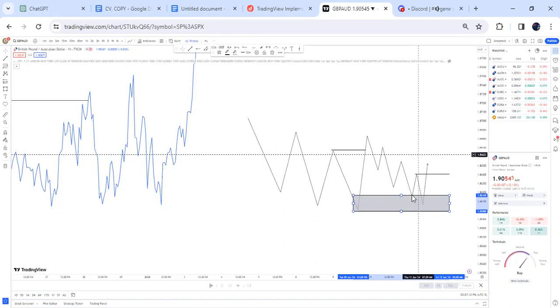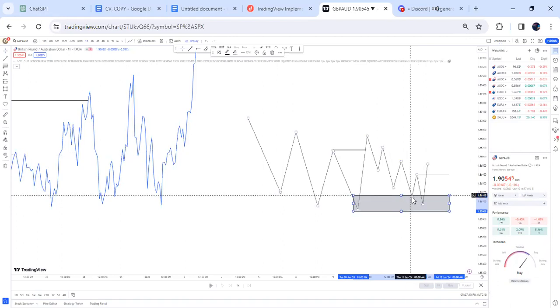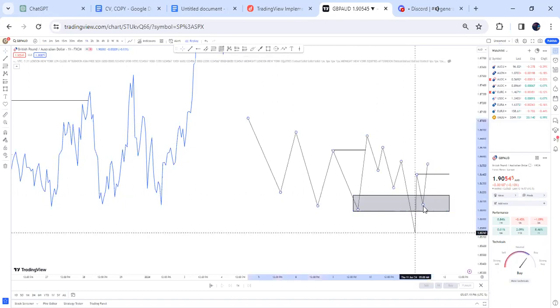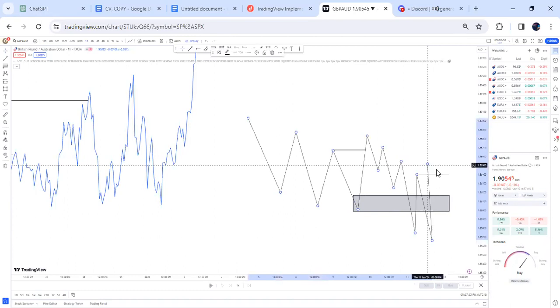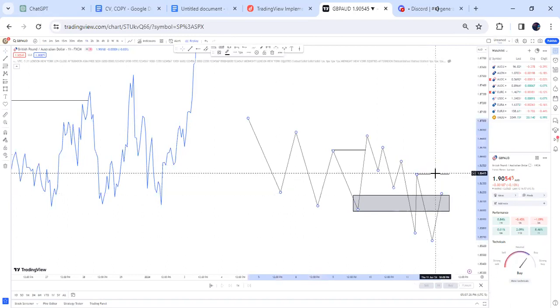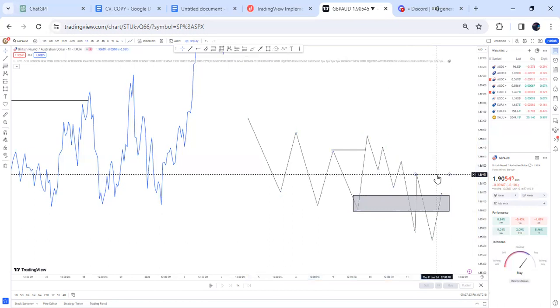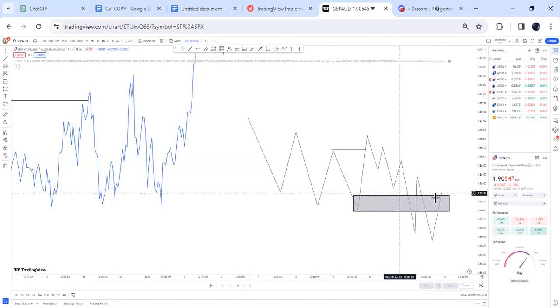Because how many of you have noticed that, of course, this has happened to you before, right? That break of structure, you mark this and price just continues to sell.